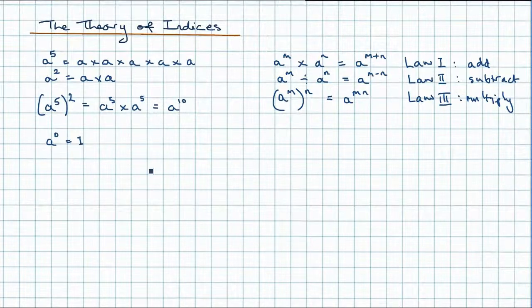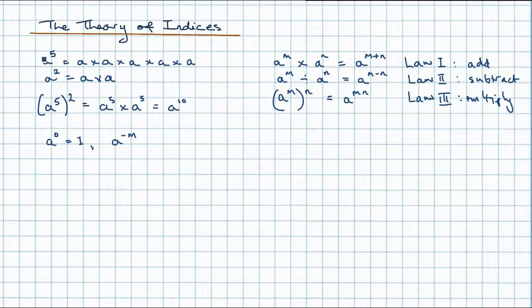Next thing I want to look at is what happens if you have a negative power. So let's say we have, let's write it along here, a to the power minus m.